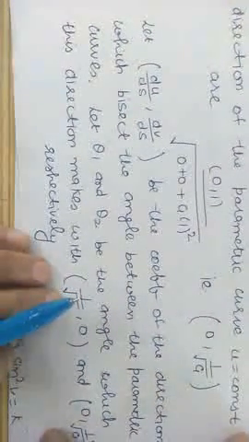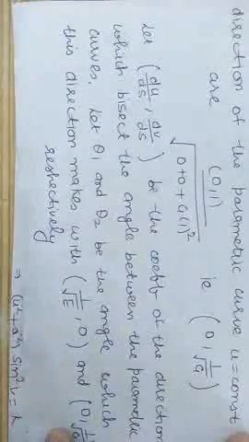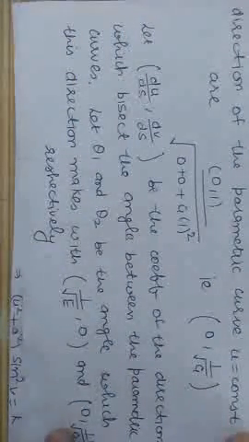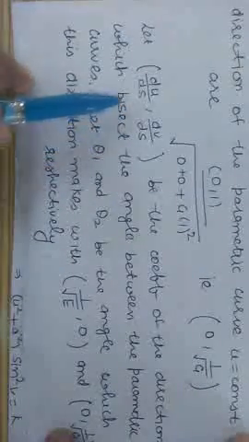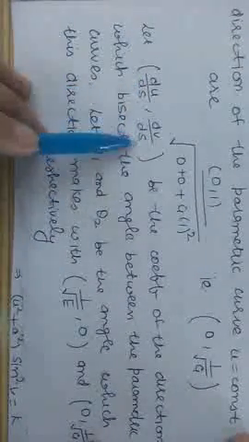So we have obtained the direction coefficients of the directions of the parametric curves U is equal to constant and V is equal to constant. Now let us take the coefficients of the direction which bisects the angle between the parametric curves. We have taken those direction coefficients as du by ds and dv by ds.